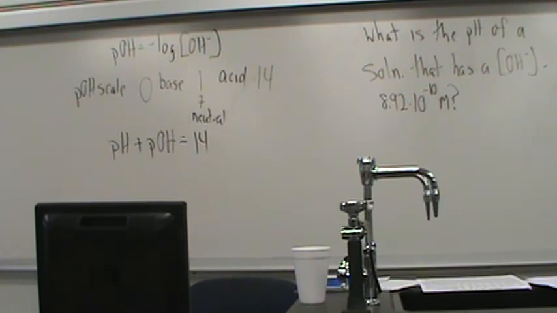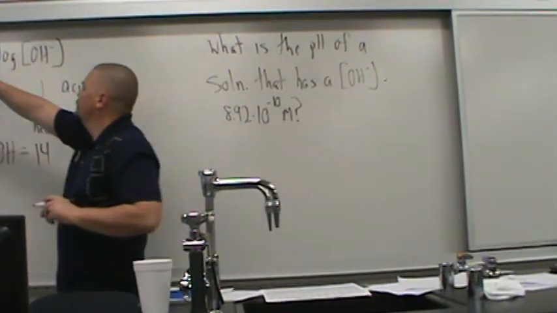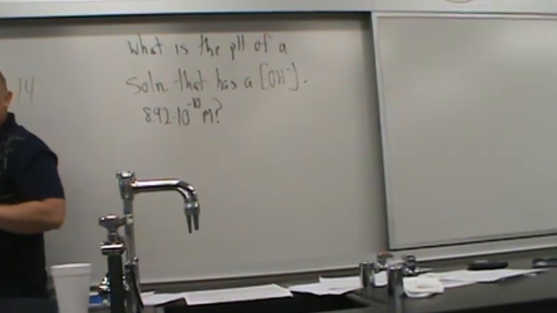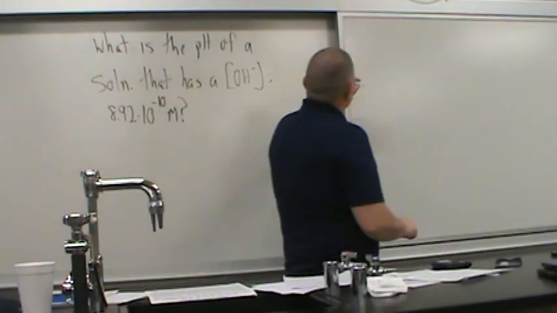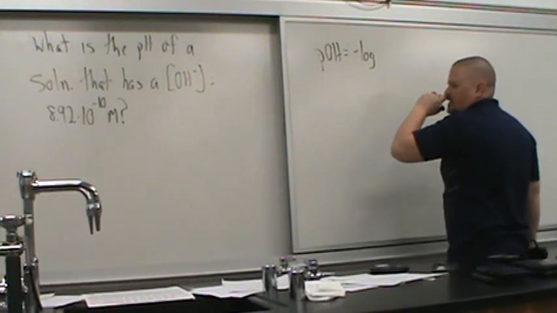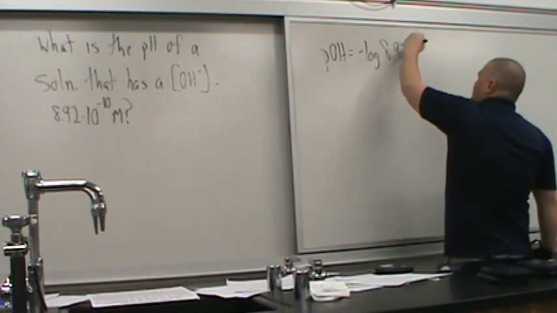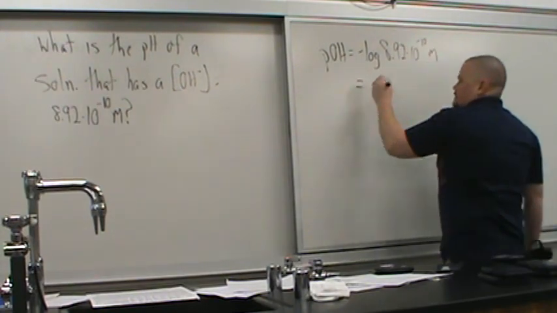All right, so one way that we can possibly figure this out. Since we have the hydroxide ion concentration, we can first figure out what our pOH is. So pOH is equal to negative log of the hydroxide concentration, negative log of 8.92 times 10 to the negative 10th molar.